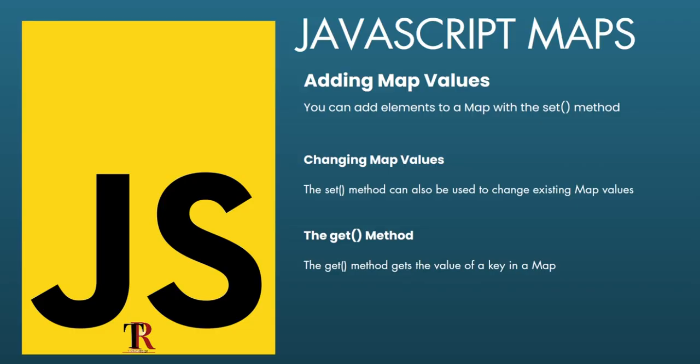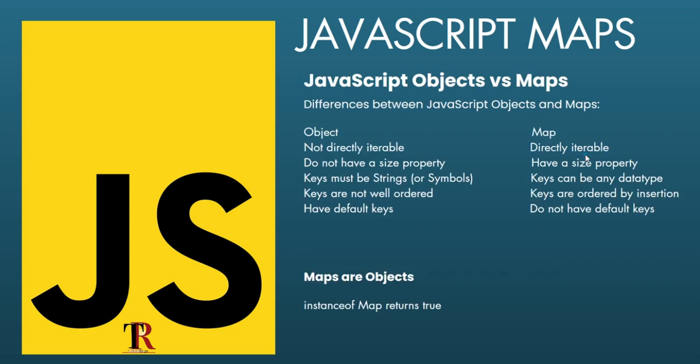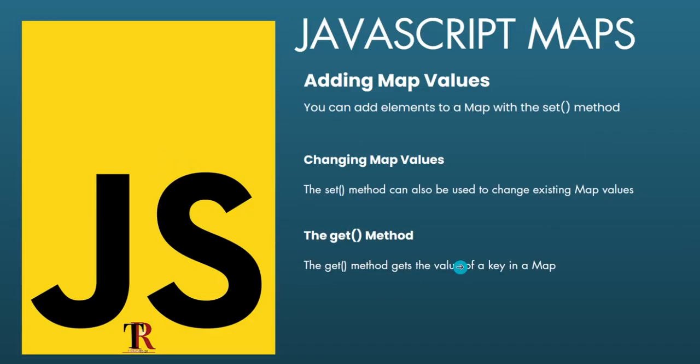Now, in this video, we're going to be talking about the get method, as well as the difference between a map object and another similar topic that we have discussed, which is the object. So we're going to be taking a look at the difference between both of them. But before then, let's first talk about the get method.